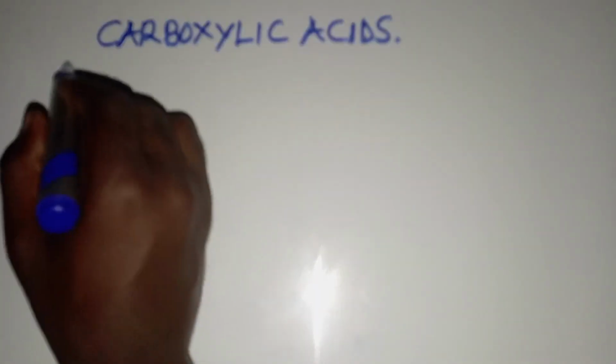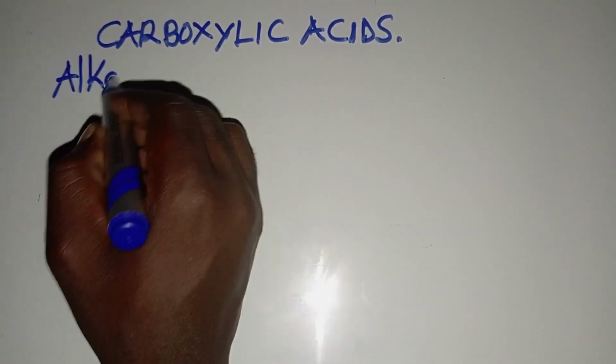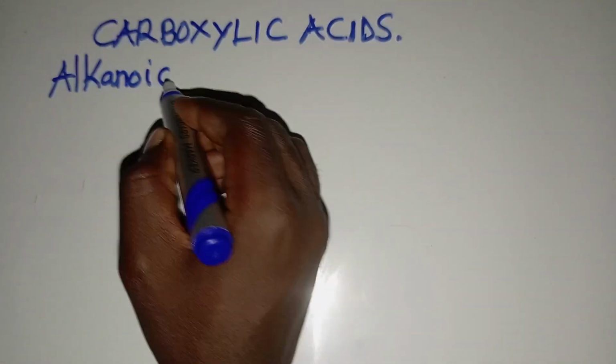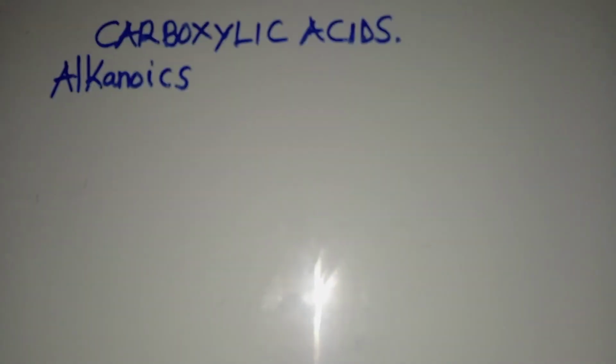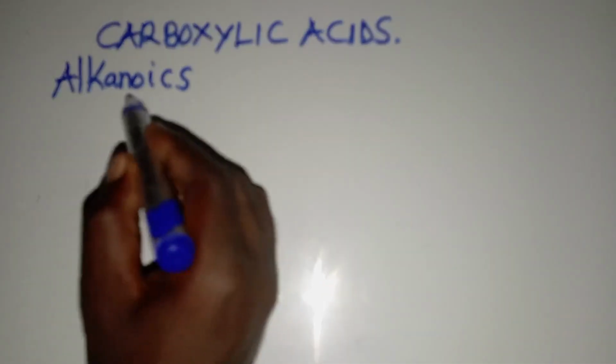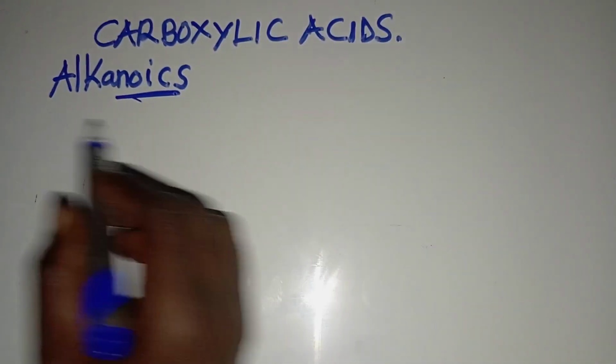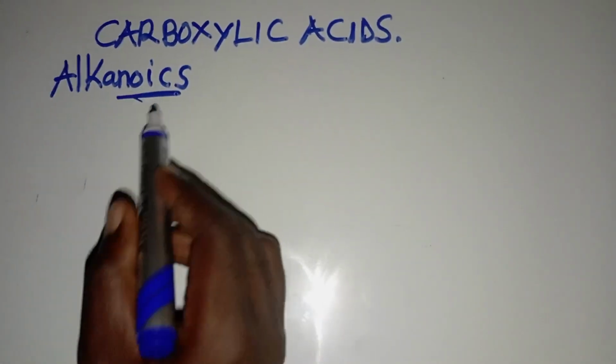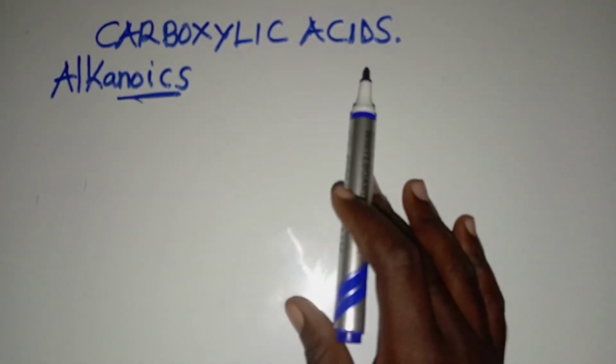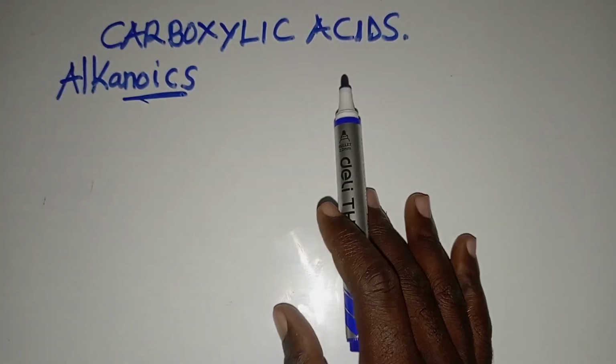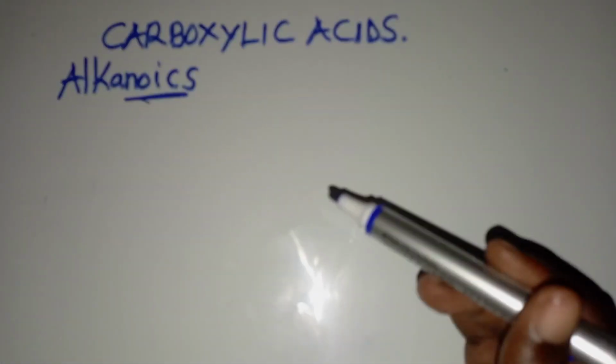Some people call them alkanoics, like this. You can call them this way; it is just one and the same. So they are also known as alkanoics or carboxylic acids. This is something that we've started, so I want your total attention.